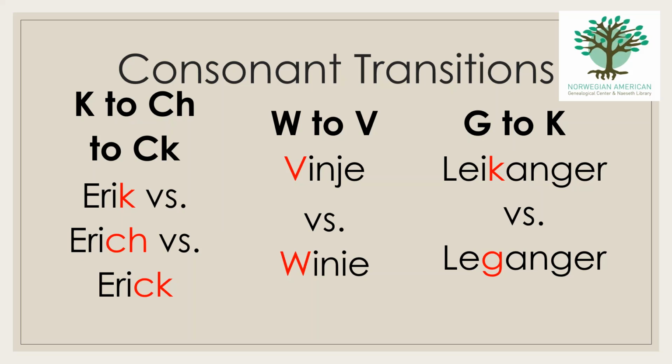And here we have again, we're looking at Leikonger versus Legonger, but this time we're looking at the difference between a K and a G because of the different dialect. And unfortunately, when we're looking at Leikonger and Legonger, we're seeing that it's not only the consonants that have changed, we also have a vowel change. And so that's something else that's important to remember, is some words are going to have multiple letter changes over time.